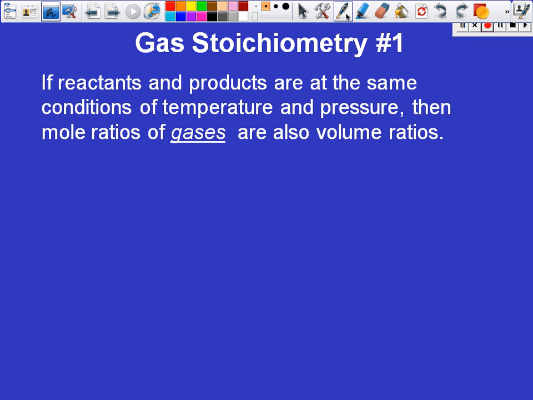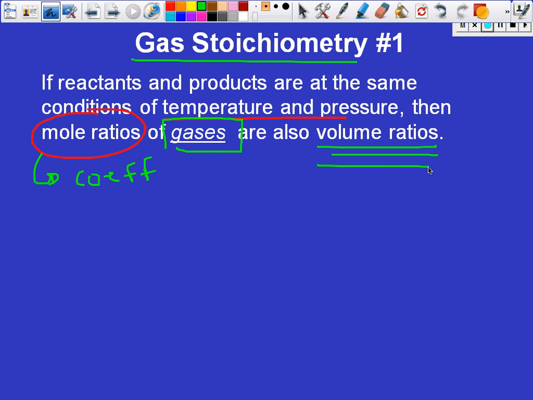I know what you're thinking, what do you mean by mole ratios? Where does that come from? Essentially, this comes from your coefficients. All this is the mole-to-mole ratio, guys. Nothing harder, nothing simpler. So the mole ratio, and again, I underline gases for a reason because this is gas stoichiometry, are also, notice what it says, volume ratios.